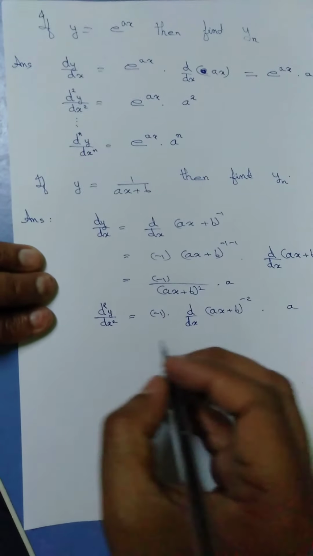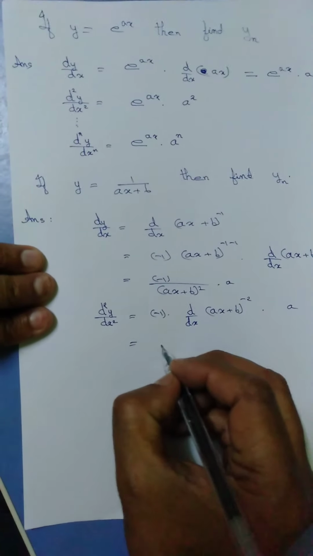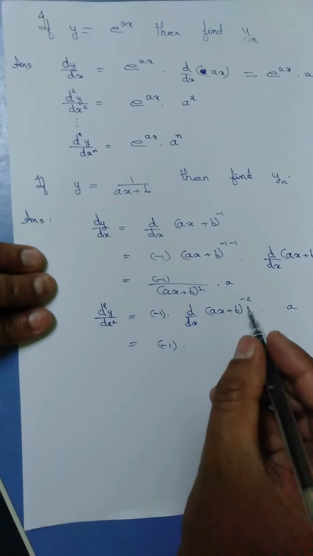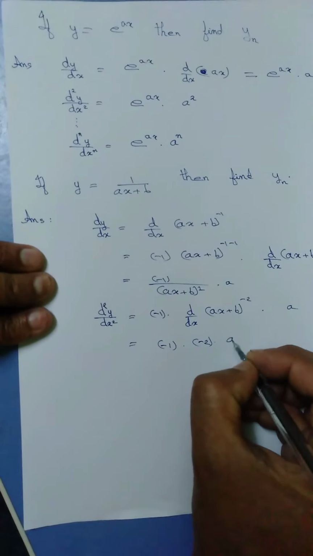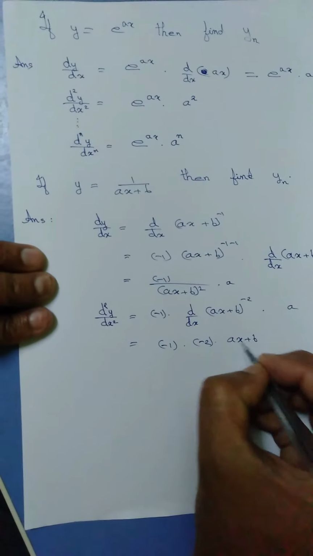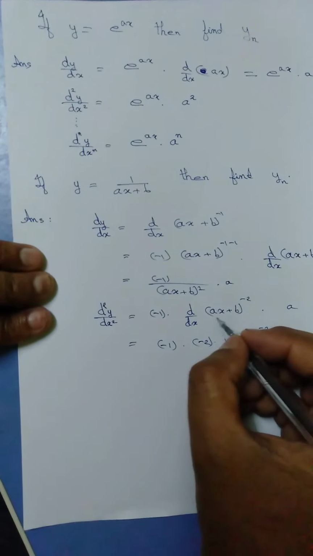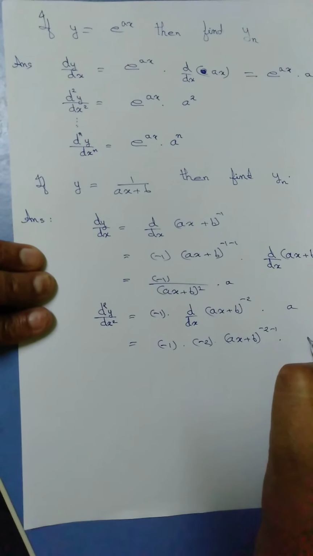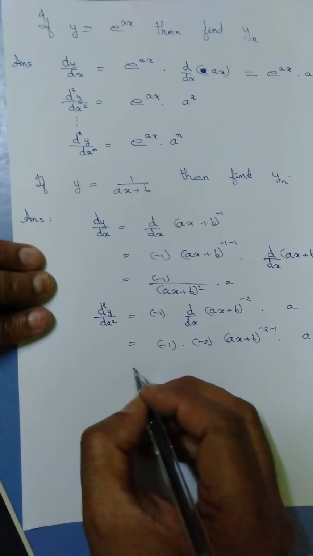A constant can always be taken out of derivatives, so I have minus 1. Apply the formula: minus 2 into ax plus b to the power minus 2 minus 1, into the derivative of ax plus b, which is a, and this a, if we copy it, we have that.